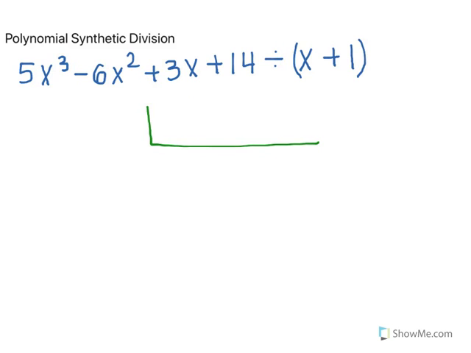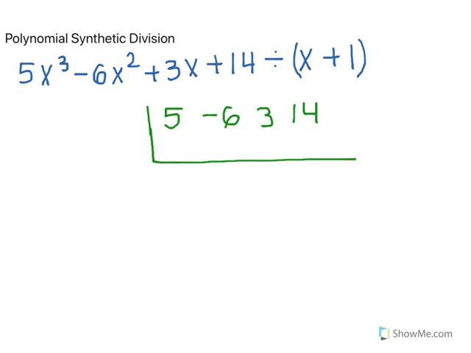Since our function is 5x cubed minus 6x squared plus 3x plus 14, we would be putting 5, negative 6, 3, and 14. So for the outside, we take the x plus 1 and figure out what x needs to be in order for x plus 1 to equal 0. Here, x should be negative 1 because negative 1 plus 1 equals 0.